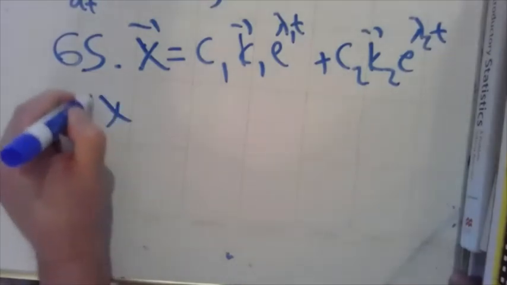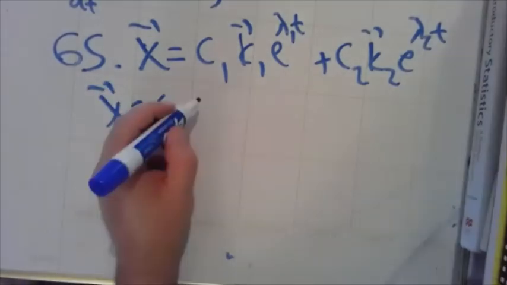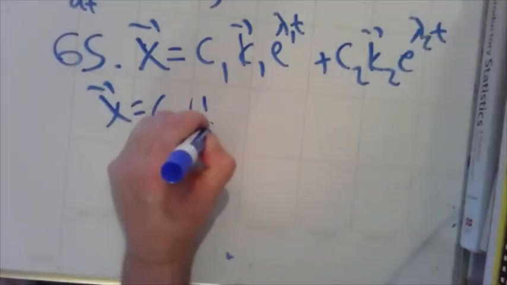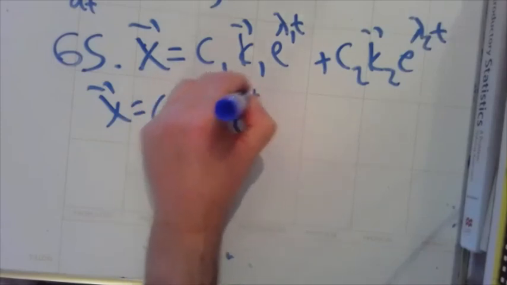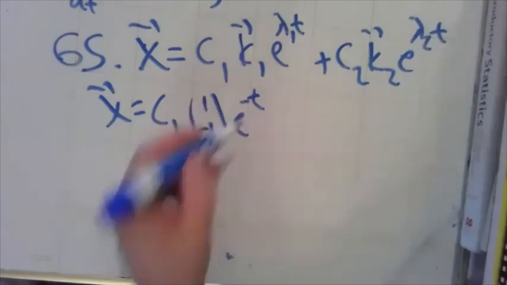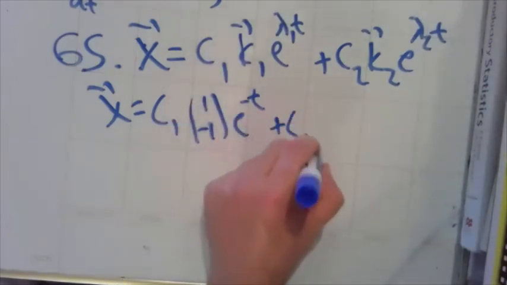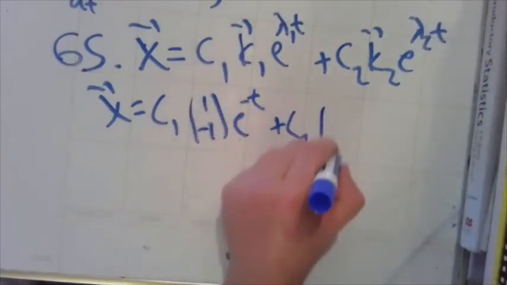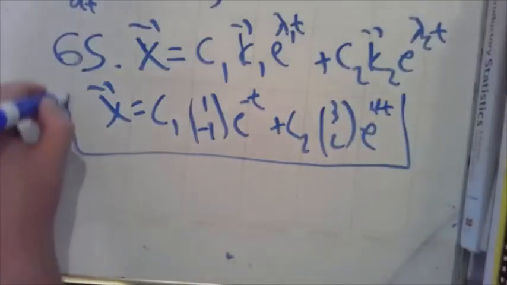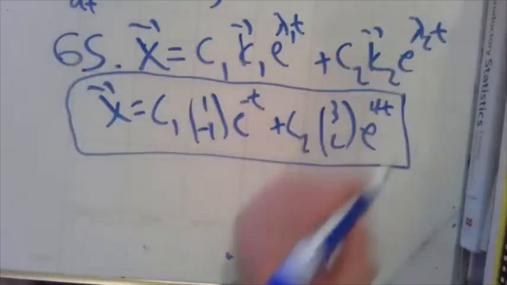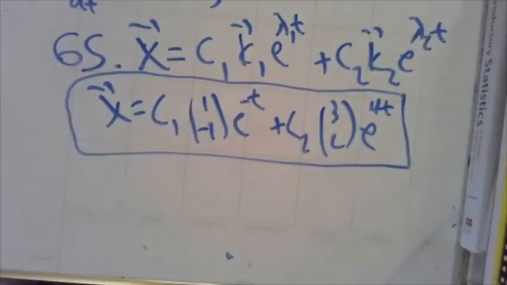So that will be C1 (1, negative 1) e to the negative 1 t. That was my first eigenvalue. Plus C2, where we get (3, 2) e to the 4t was the other. That's what my general solution is going to look like. Some nasty looking thing like this.